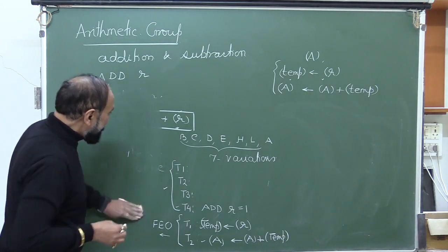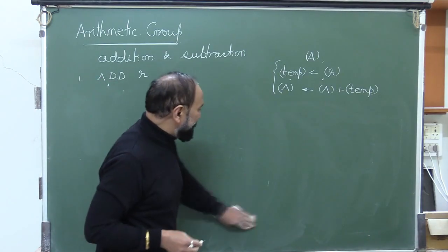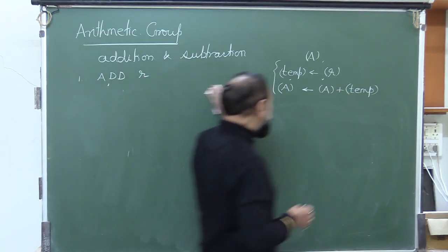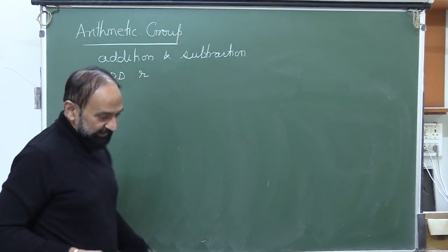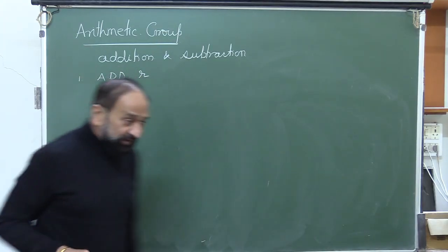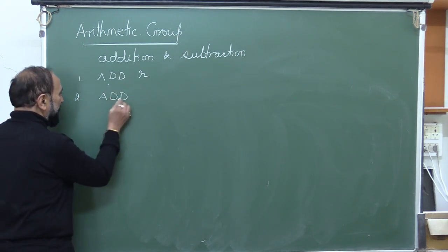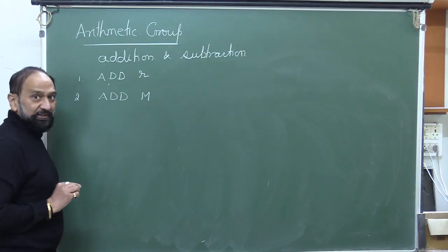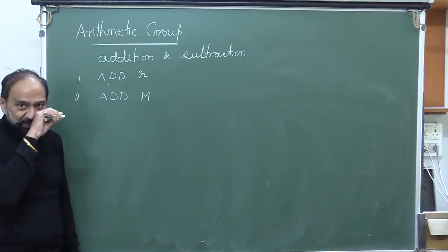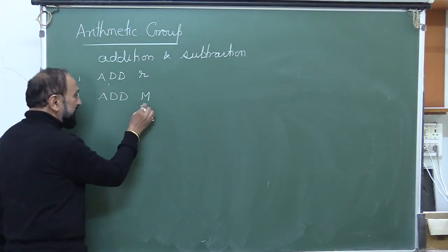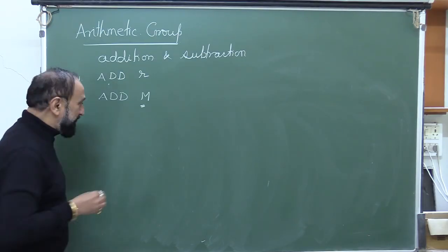Just like this addition operation, there are a few more addition instructions. The second instruction is add M. Remember, just like move A to M or move M to A, wherever M appears, it means there is an operand pointed by HL register pair.